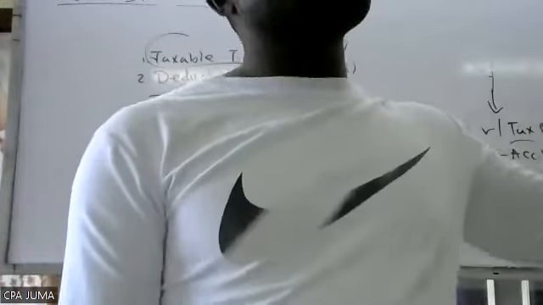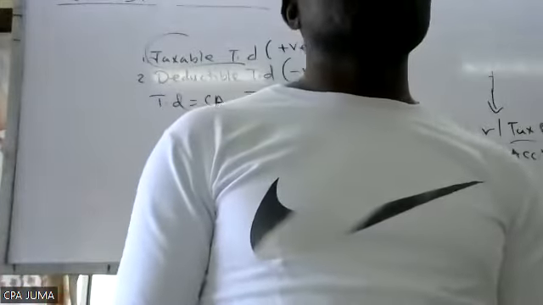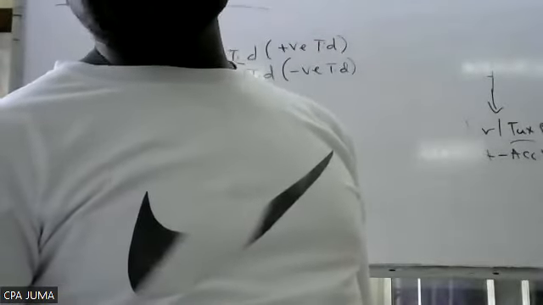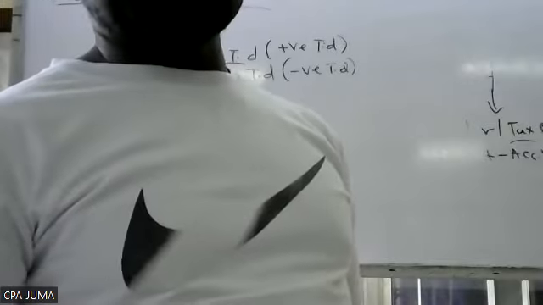So you put it in this profit, but in the other one you reject it. So those are called permanent differences, which is just one and the same.